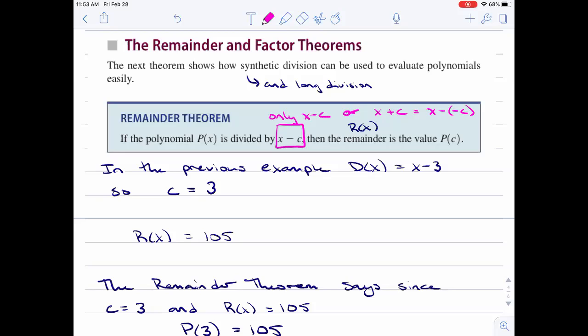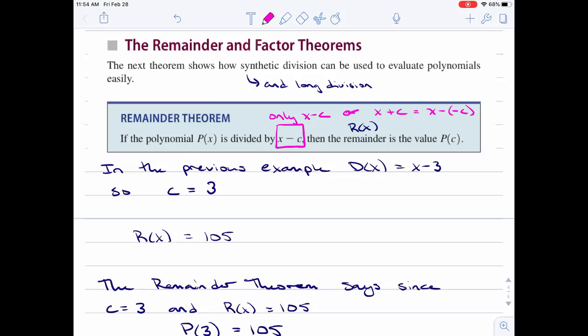So limited cases, but still pretty cool. Yeah, 3, 4, and then 9, 10, it would work for. And all the questions on the next page, they use the factor theorem.